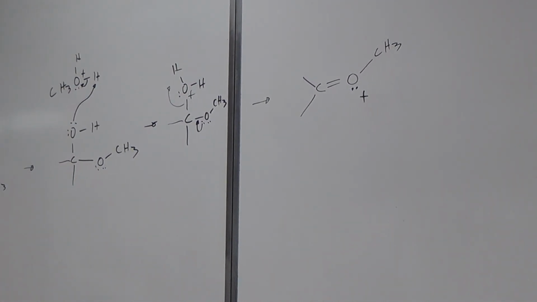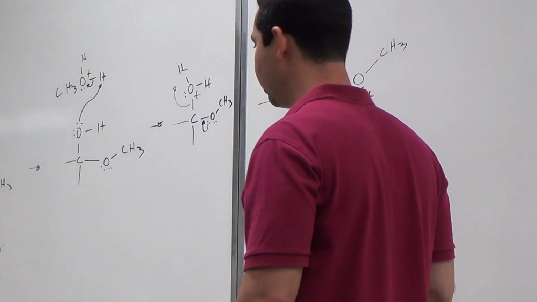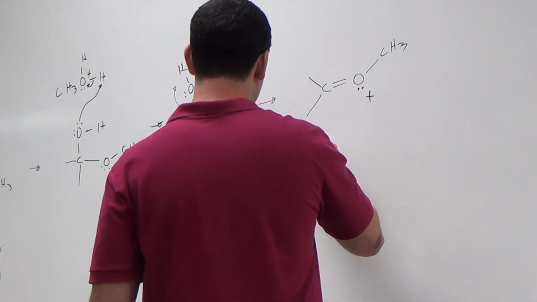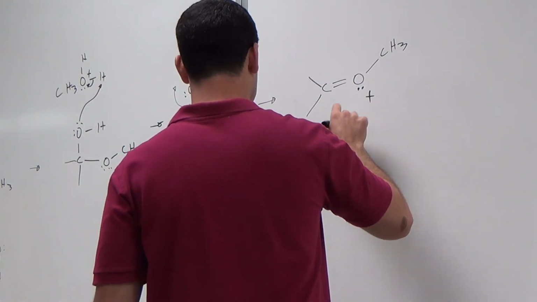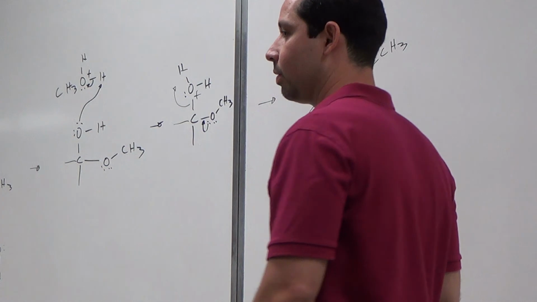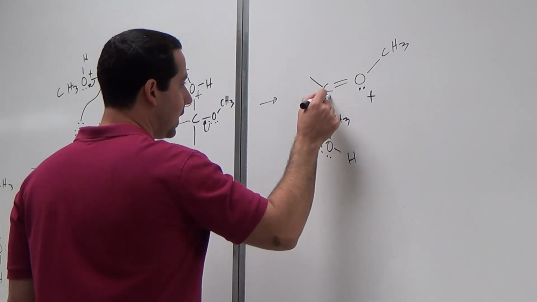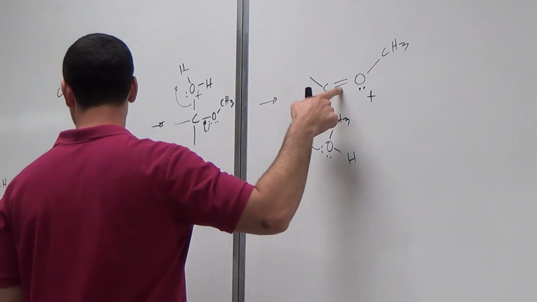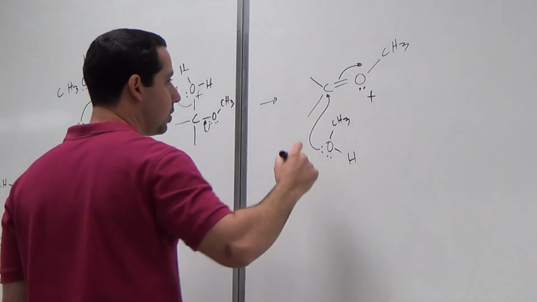That can undergo another nucleophilic attack, yes or no? Another nucleophilic attack by the oxygen. What's going to happen to these two electrons from here? They'll go to the oxygen.